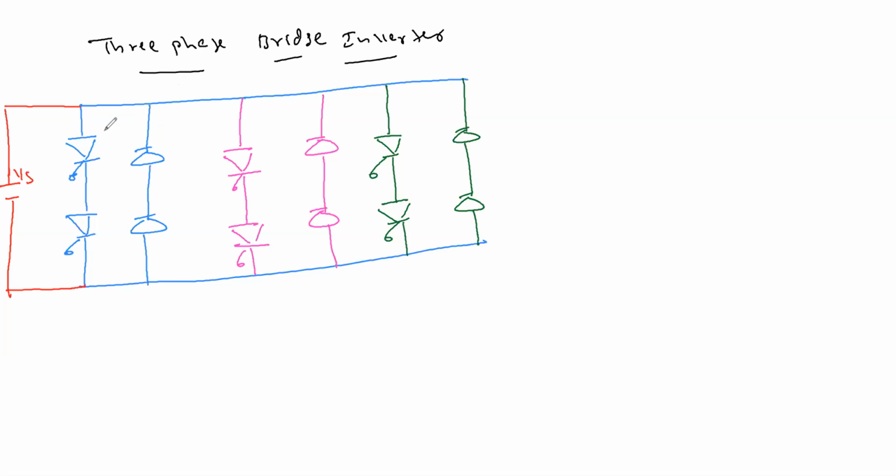The naming is such that, as we did for AC to DC converters, the same way, because the sequence will come for us: 1 2 3 4. You can give whatever naming, but this naming will make us remember the sequence easily. 1 2 3 4 and 5 6. This is how we have taken it for AC to DC also in converters. Similarly, for the diodes also.